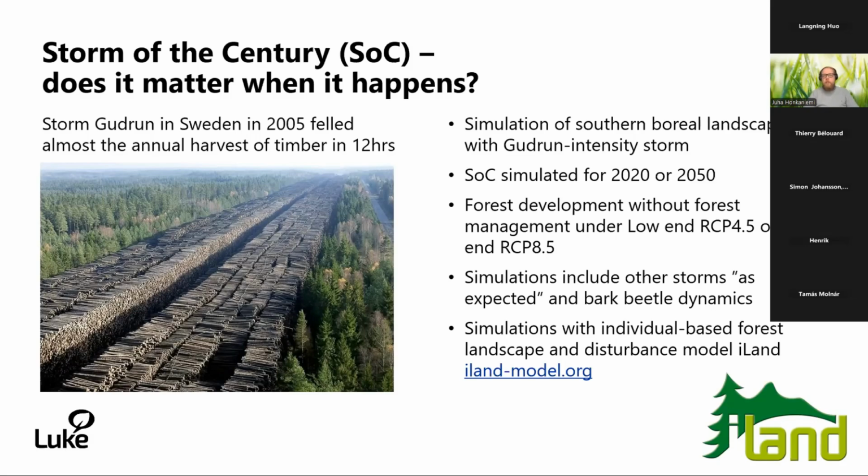So what we did, we simulated our southern boreal landscape with a Gudrun intensity storm, but we wanted to know, under climate change, does it matter when this kind of storm of a century happens? So we simulated this storm either for year 2020 or for year 2050, and then simulated the forest development without forest management, in this case under the low-end RCP 4.5 and the high-end RCP 8.5.